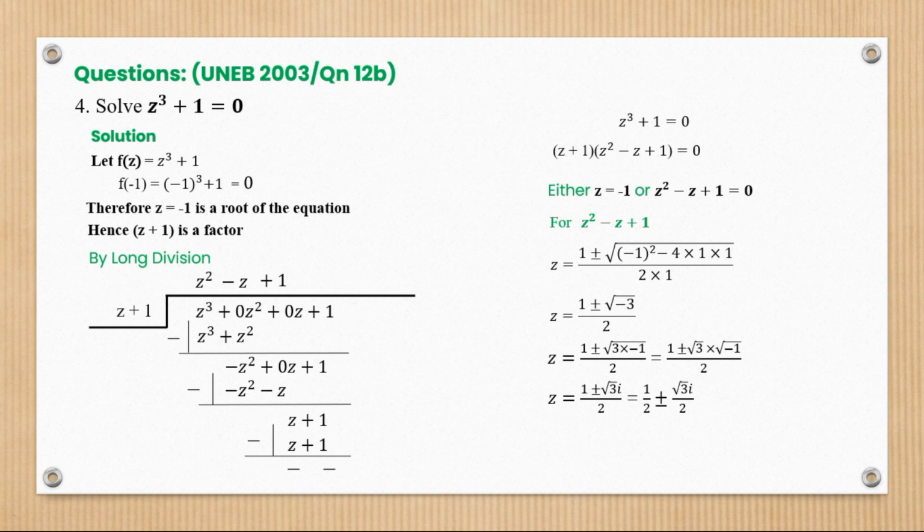So splitting the 2 in between the two numerators, we end up having a half plus or minus root 3i over 2. So we end up finding those two other roots. So all the roots are -1, a half plus root 3i over 2, and a half minus root 3i over 2. And those are our roots.